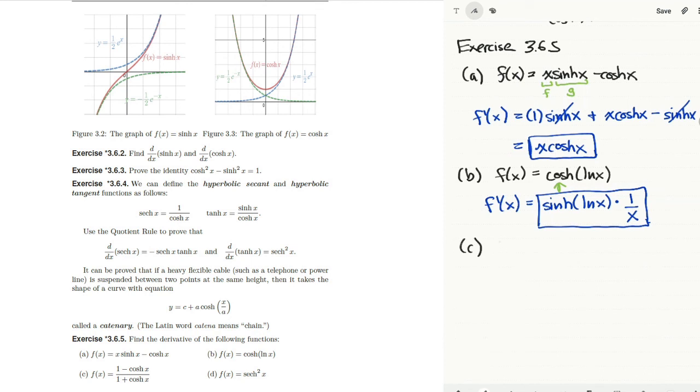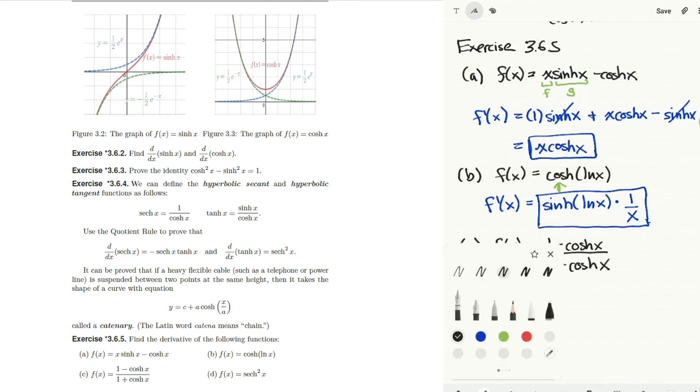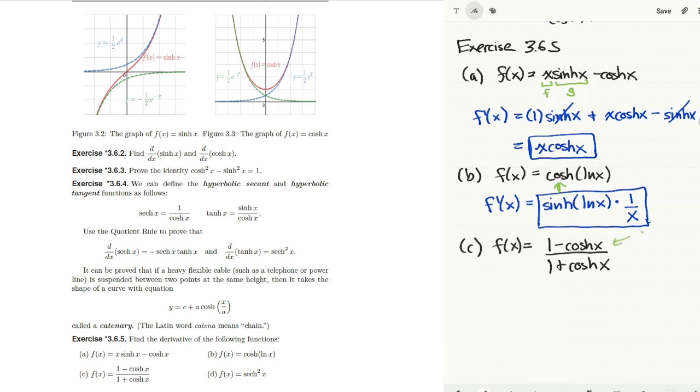Now in the next example, let's find the derivative of 1 minus cosh over 1 plus cosh. So here we use the quotient rule. So f is 1 minus cosh, and g is 1 plus cosh.